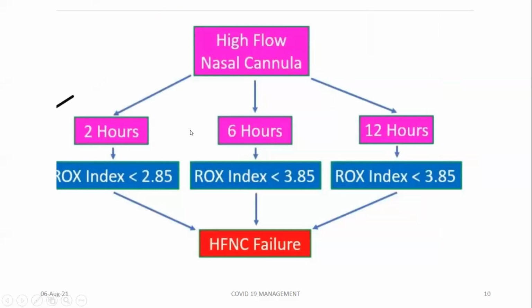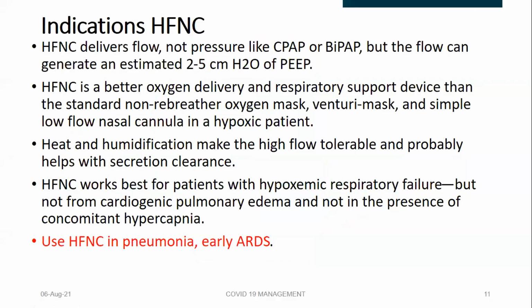If between 6 and 12 hours, you have lower respiratory rate oxygenation indices, then you are very highly likely going to have high flow nasal cannula failure. And in this case, you cannot do anything else other than use a higher mode of oxygen delivery.